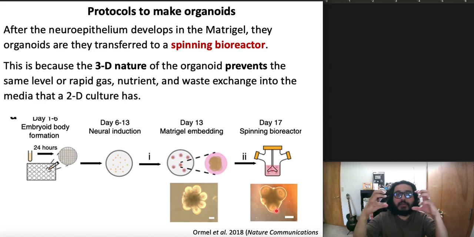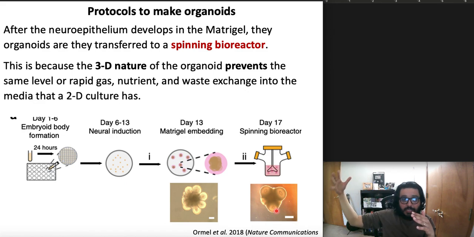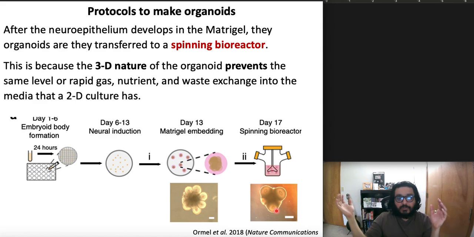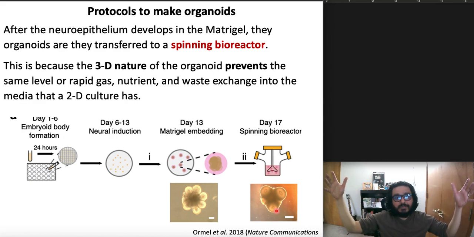Okay? And this is particularly important for organoids because now, as you get these more three-dimensional structures that have layers and layers and layers of cells around them, the cells that are more in the center of the structure have more limited access to the surrounding media than the outer layers do, right? And so in a 2D model, all cells have equal access to all the media, but when you start to get these structures, the cells that are more in the middle are kind of trapped in the center and don't have direct access to the media anymore.